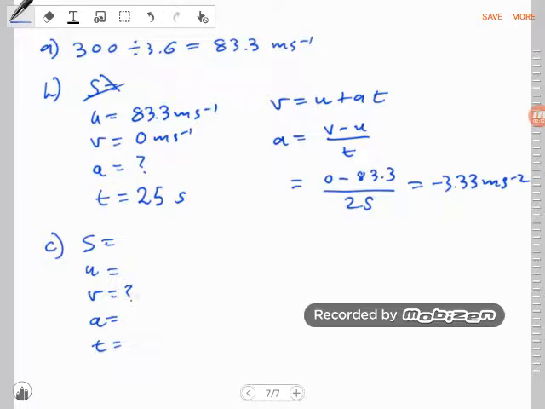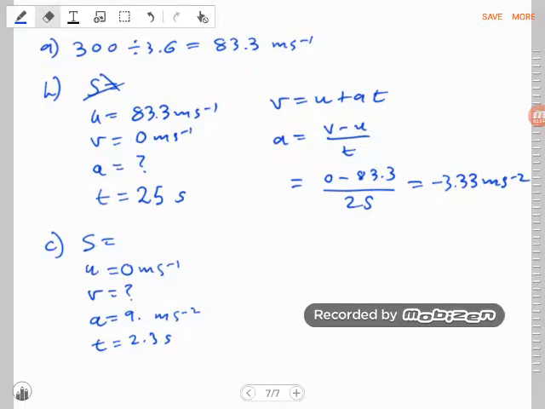So we're trying to find v. We know that it starts from rest and it accelerates at 9.9 meters per second squared. And it takes 2.3 seconds to reach its takeoff velocity. So it accelerates at a very high rate here.